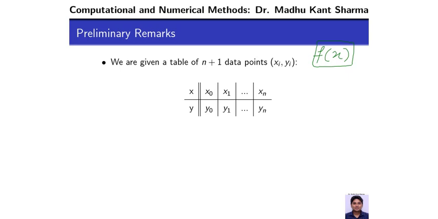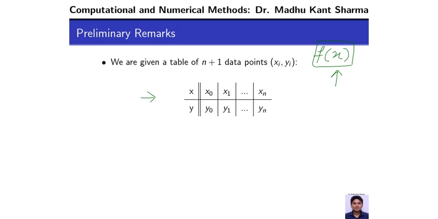That is due to the Weierstrass approximation theorem, which tells you that a continuous function can be approximated by a polynomial. Okay, right. So we are given a table of the following n plus 1 data points.